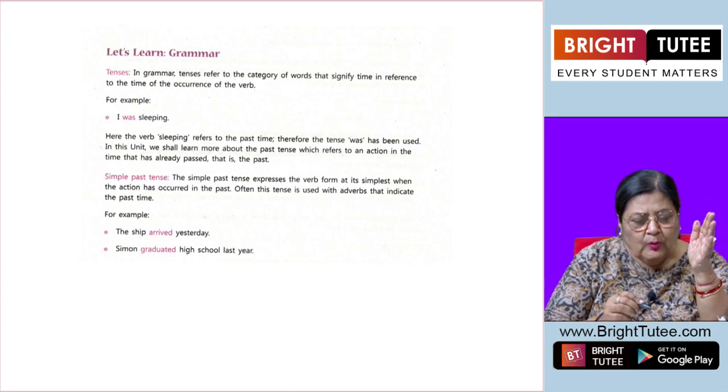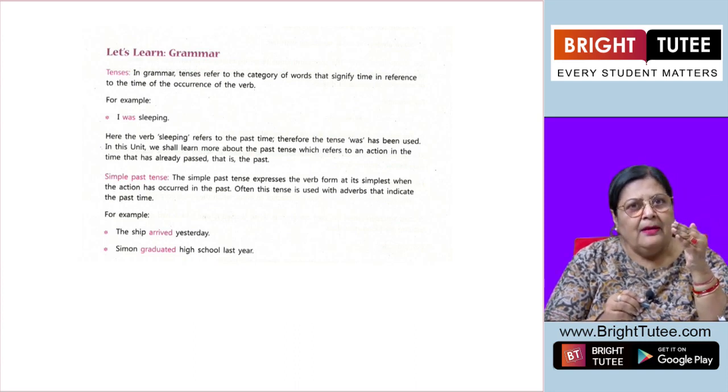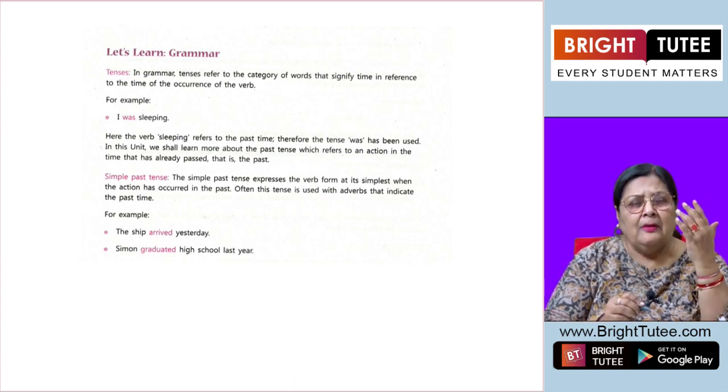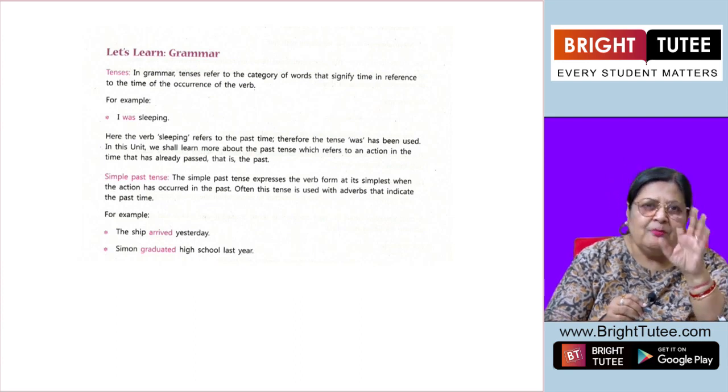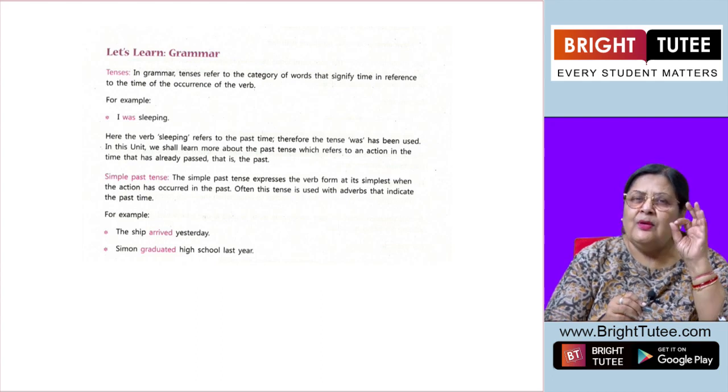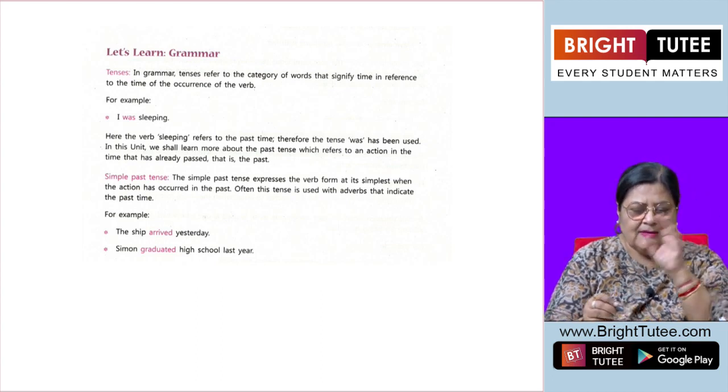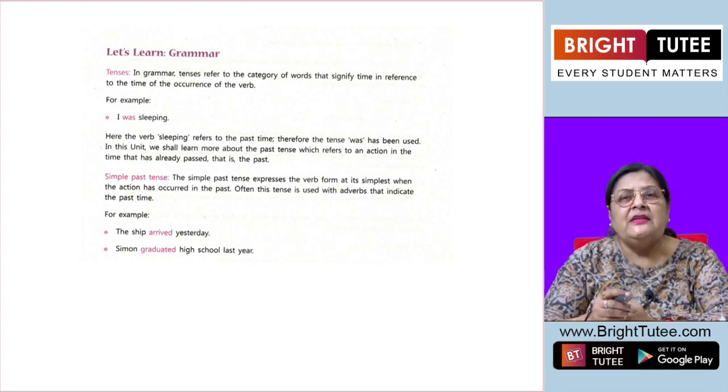So we'll see the examples and you will automatically come to know what is simple past, what is past continuous, what is past perfect, and what is past perfect continuous tense. Here the verb is sleeping.